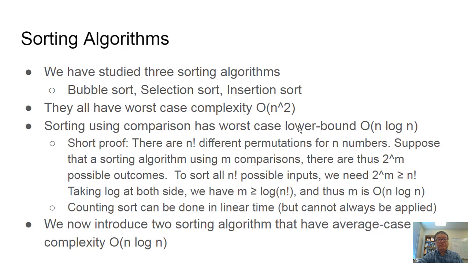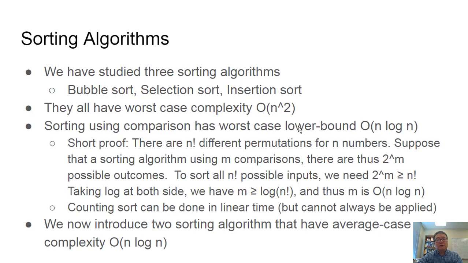Suppose we have two permutations that only differ in the position of two elements a and b. One has a before b, the other has b before a. If these two permutations have exactly the same outcome for all the m comparisons, then you don't know which one is correct. You don't know whether a should go before b or b before a. There's no way to sort it correctly.